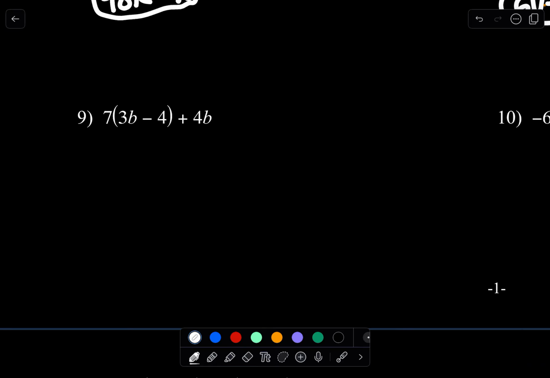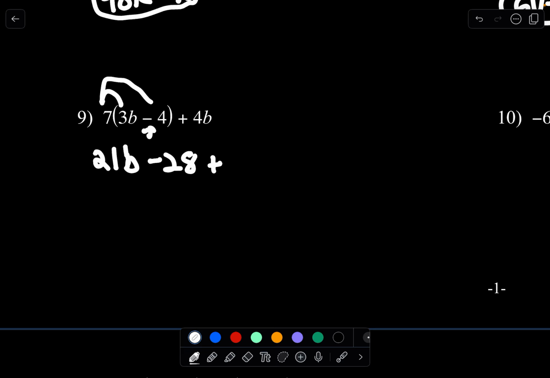9, distribute the 7. I hope you all are familiar with the distributive property. 21b, you should have seen that last year or in previous math courses. 7 times, now notice, 7 times a negative 4. All right, 7 times a negative is a negative 28.